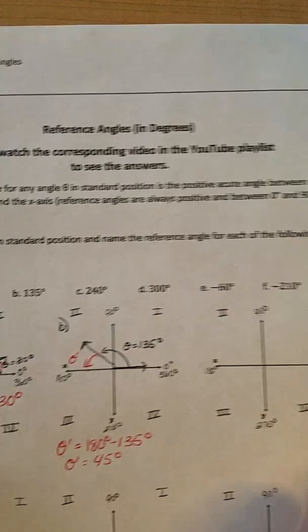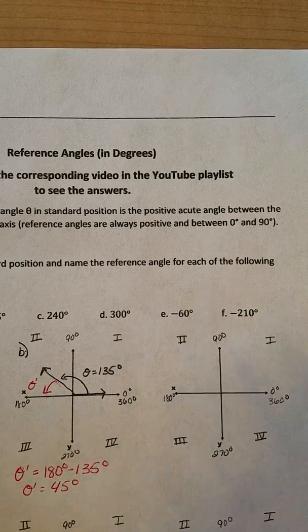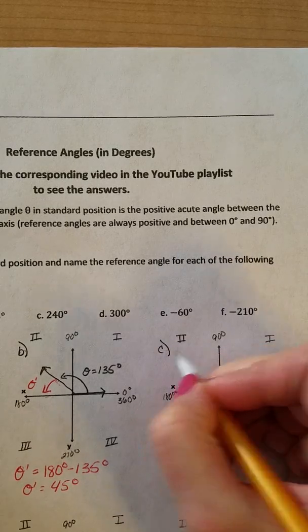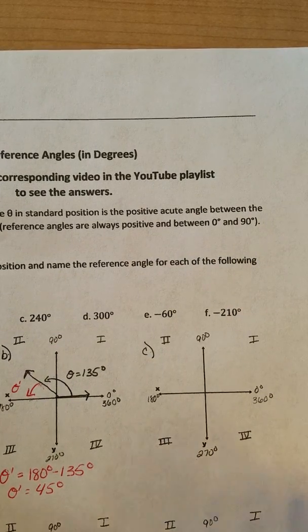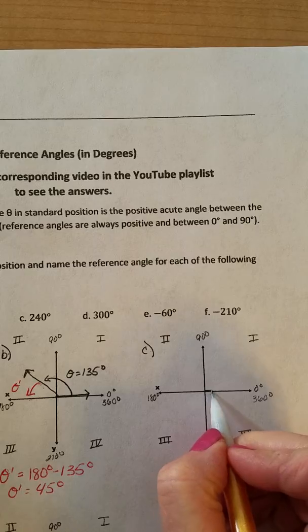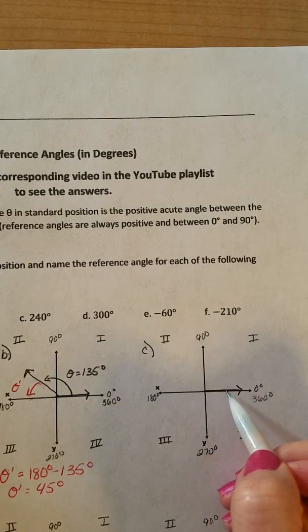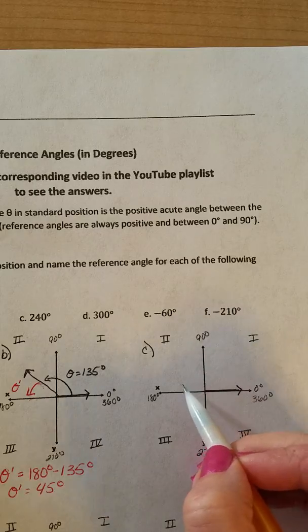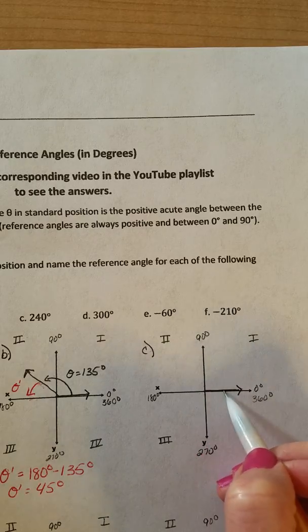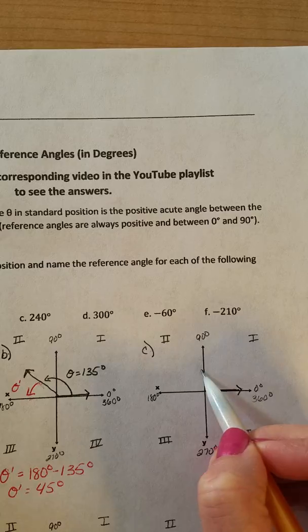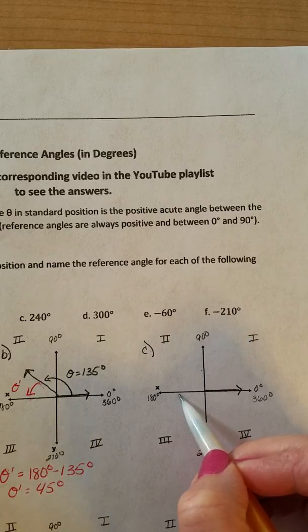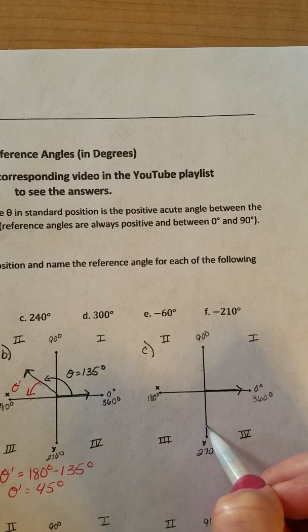Looking at C, 240 degrees. Let's sketch the angle in standard position. My initial side on the positive x-axis. Moving in a counterclockwise direction because it is positive. Start at 0, 90 degrees, 180 degrees, 270. That's too far.